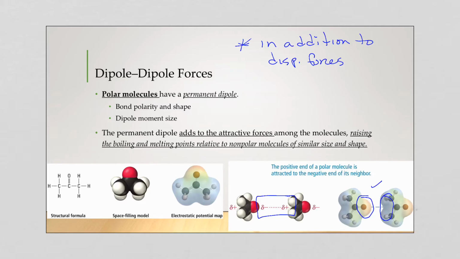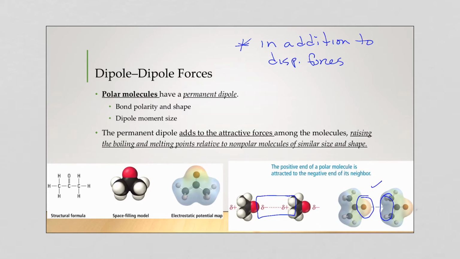But however we choose to look at it, if we look at the size of that dipole, or how polar the molecule is, that's going to play a role in how strong the dipole-dipole interactions can be. The bigger the charges involved, the stronger the attractions will be. And again, this adds on to the dispersion forces.